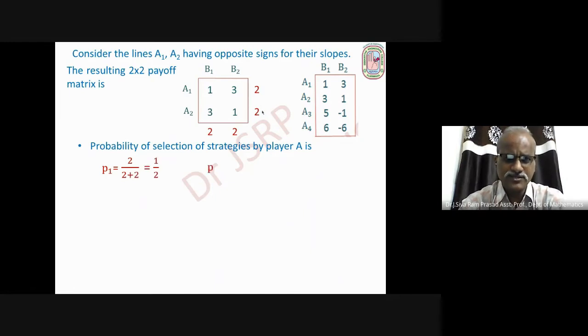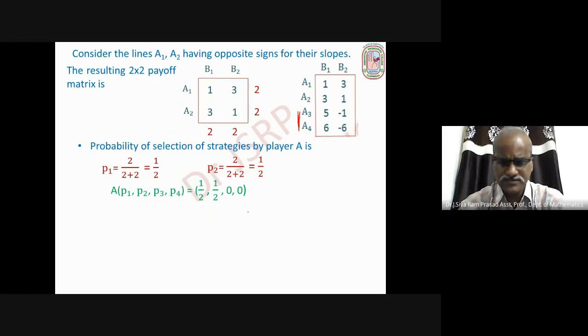Next, P2 equals same, opposite value 2 by 2 plus 2, 1 by 2. So that means the other two strategies for player A are eliminated. Therefore, total probabilities A of P1, P2, P3, P4. Okay. So P1 is 1 by 2, P2 is 1 by 2, P3, P4 zeros.